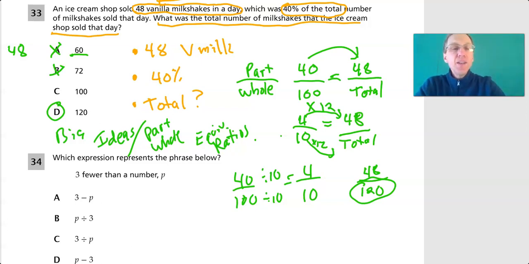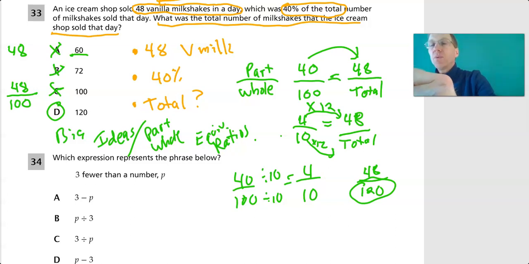If they had done 48 vanilla milkshakes, and if this was the 100, if this was the total, that would mean that the vanilla milkshakes were 48%. But we know they weren't. They were 40. So you could think of it that way too. So we actually could have gotten rid of everything and not even done any work. That would have been kind of cool.